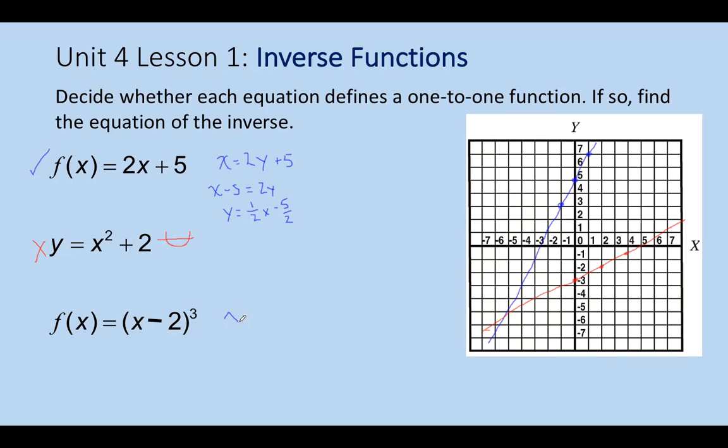So we got x equals y minus 2, cubed. Then I'll take the cubed root of both sides, so that'll give me the cubed root of x equals y minus 2. And then add the 2 to both sides, and I got y equals the cubed root of x plus 2. And so there is the inverse of this function right here.